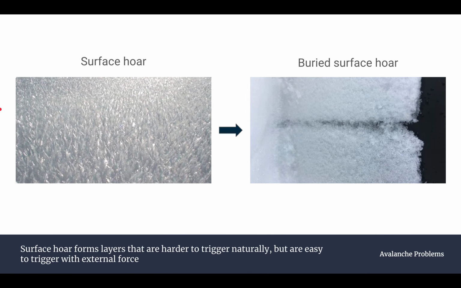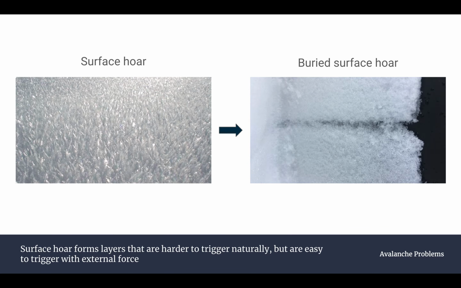And the really risky thing about surface hoar and later buried surface hoar is that it's hard to trigger naturally, because snow, obviously, doesn't put a tremendous amount of load in a very short period of time on the surface hoar. So the surface hoar can actually withstand a larger load than it should be able to, just because that stress onto the layer is being added very slowly.